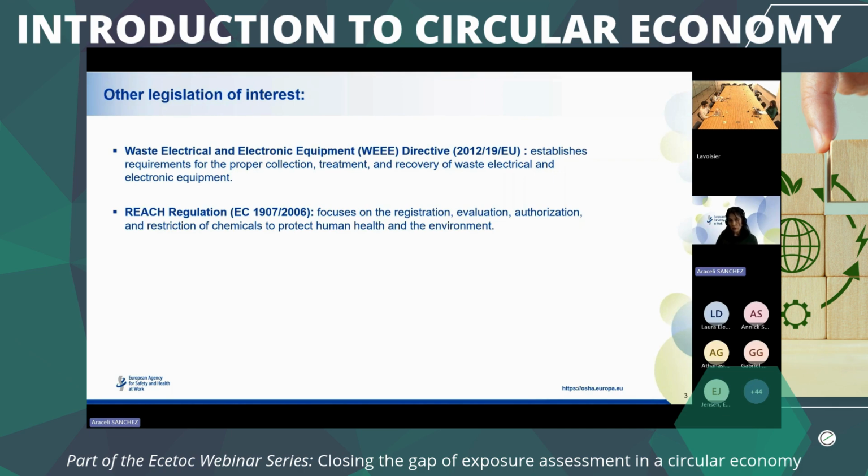REACH addresses manufacturers and distributors of chemical substances. So if you manufacture or distribute a substance over a ton, then you have to register and supply a wide range of information on the hazardous properties of that substance.